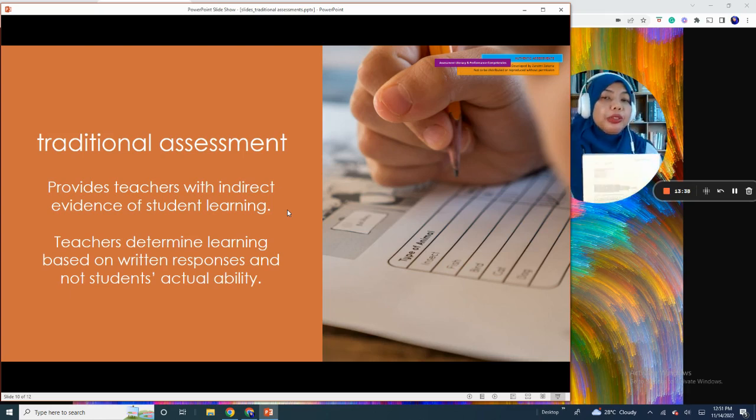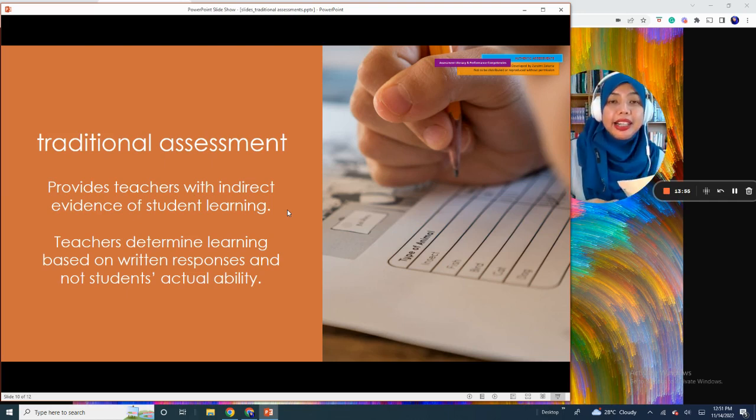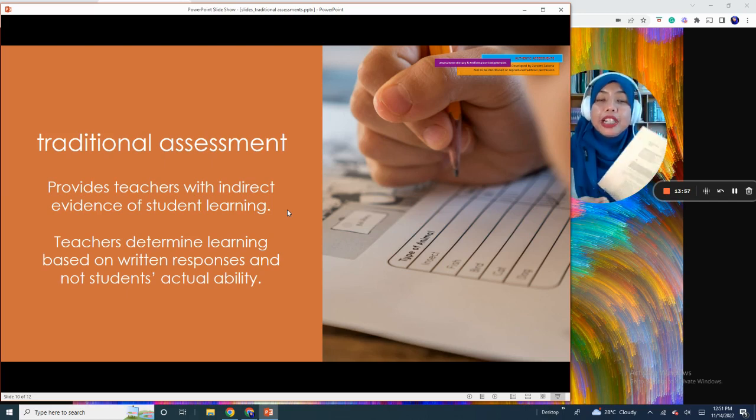But when you are measuring skills, psychomotor skills or affective skills such as values, attitudes, dispositions perhaps, then it's very difficult to measure this through traditional assessment. We need a complex assessment that could capture accurately the complexity of learning related to affective and psychomotor.